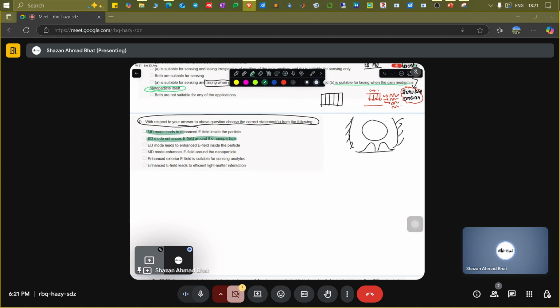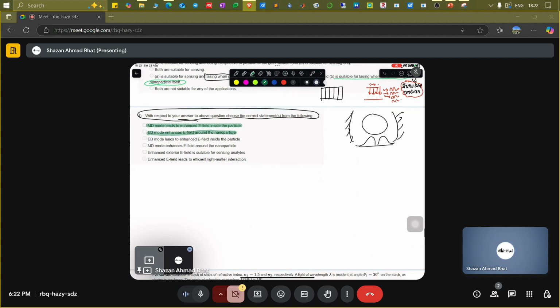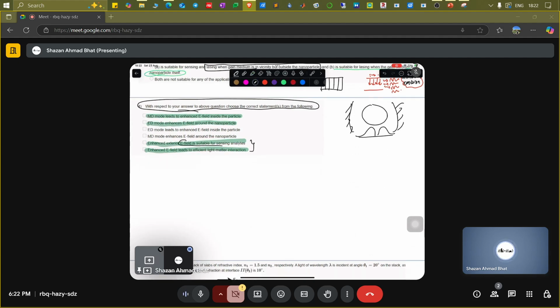The magnetic dipole enhances the electric field inside the particle, and the enhanced exterior electric field is suitable for sensing. Enhanced electric field leads to efficient light matter interactions. So that's what I discussed: you can perturb the external electric field using sensing molecules, and enhanced electric field leads to efficient light matter interaction. That is as simple as that.